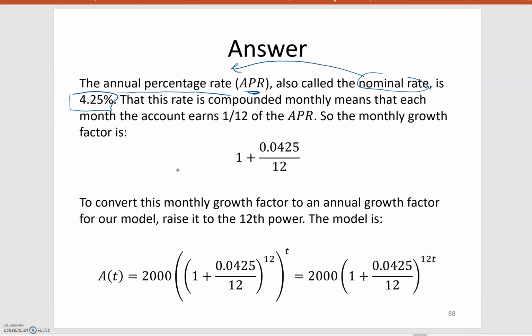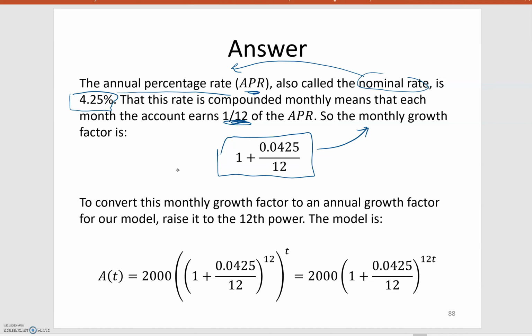Anyway, this rate is compounded monthly, what does that mean? It means that each month the account earns 1/12 of the APR. So if we think about our monthly growth factor, what's that going to be? Well, we take 1/12 of the APR and we add that to 1, and that is our monthly growth factor.